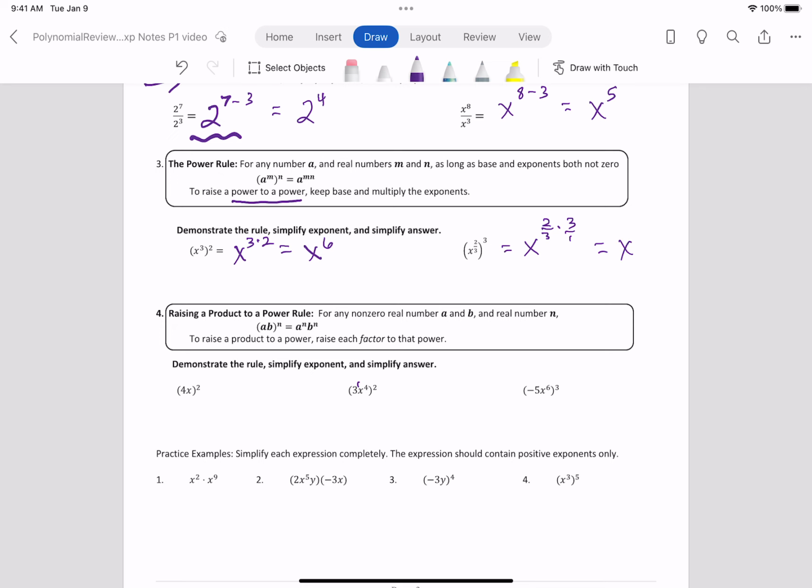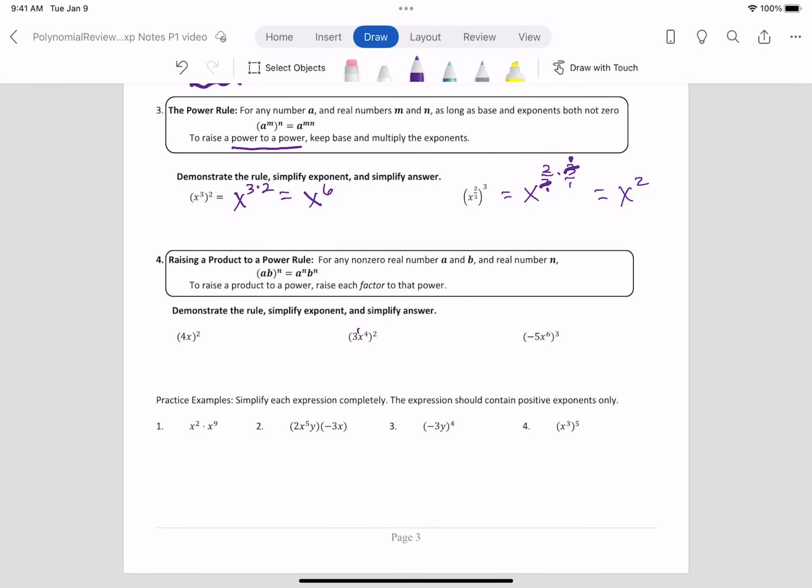You're welcome to use the calculator. We know that the base is going to be x. You can use your calculator and enter 2/3 times 3. And if I did it mathematically, we know those 3's would reduce to 1. So you should get from the calculator x squared. But all you have to do is enter the 2/3 times 3 in the calculator and tell me x squared. That's all that's required. Okay?